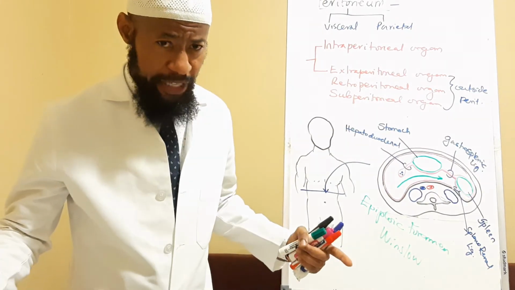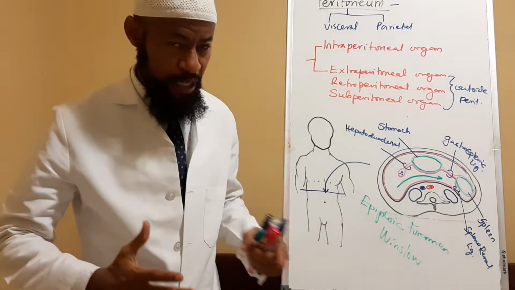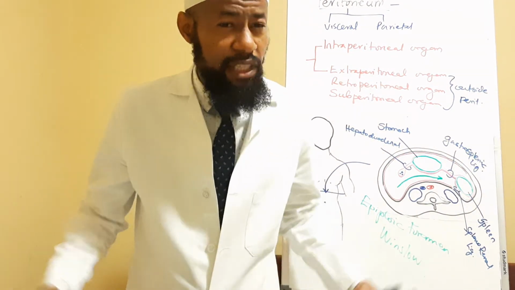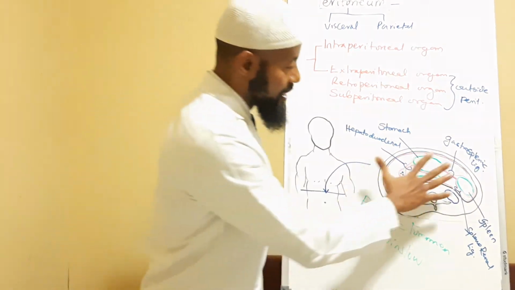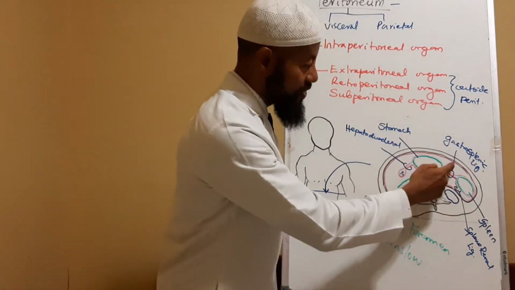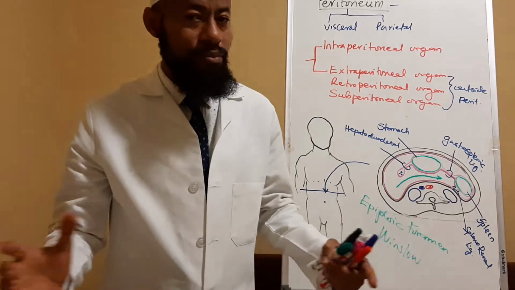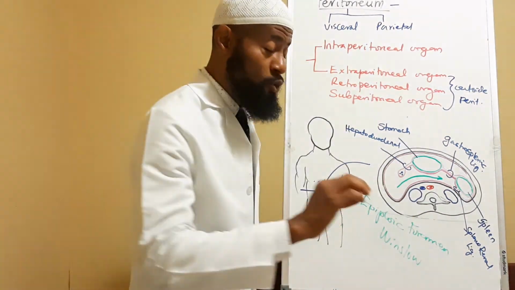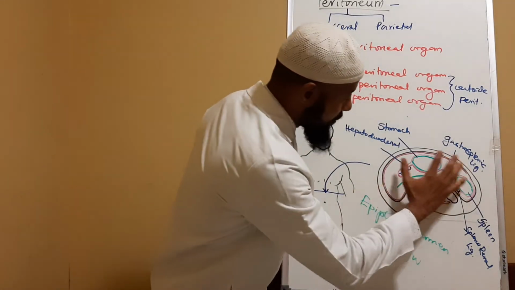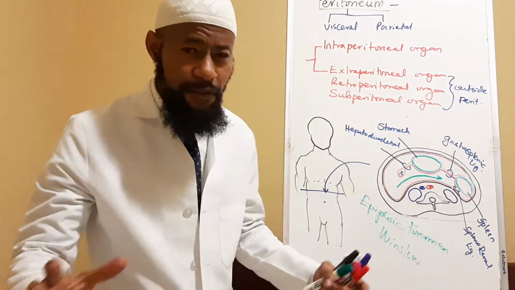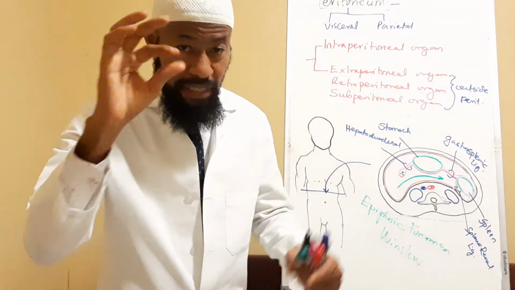When you open the parietal peritoneum, the space between the parietal peritoneum and the visceral peritoneum is the peritoneal cavity. It's very small. There are no, in the literal sense, big spaces like this in the abdomen. What we have is a lot of intestine, large intestine, small intestine, everywhere. So we don't have that space.